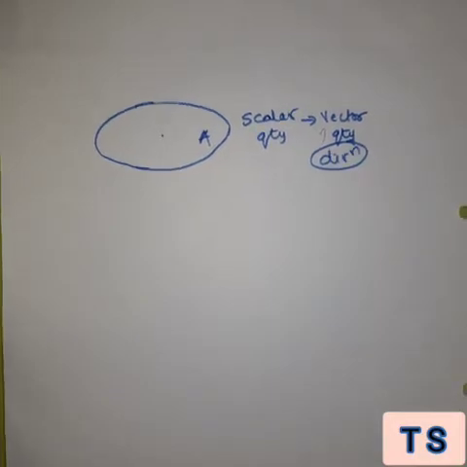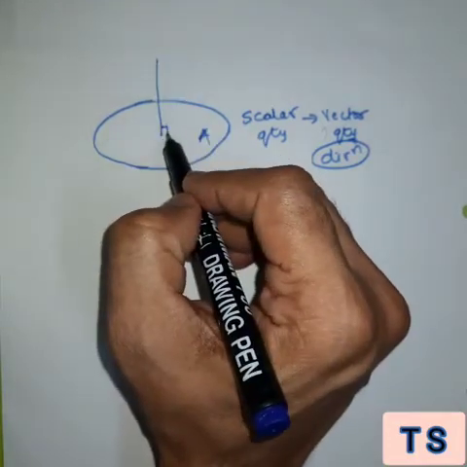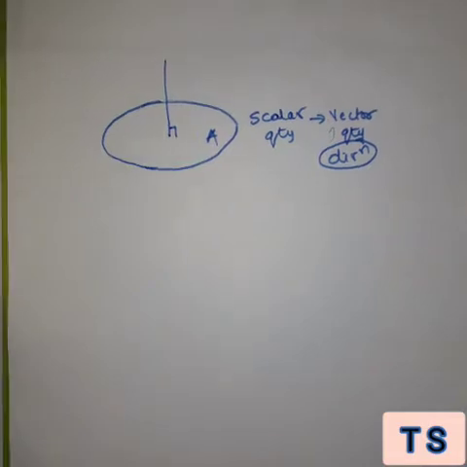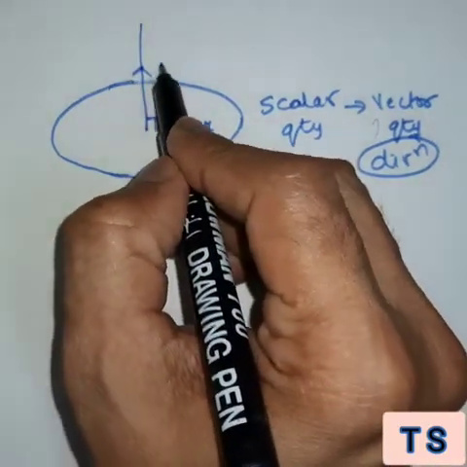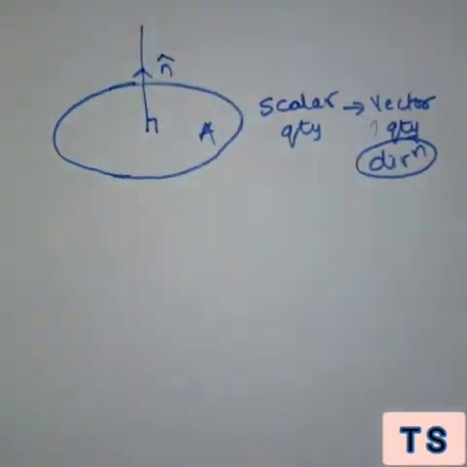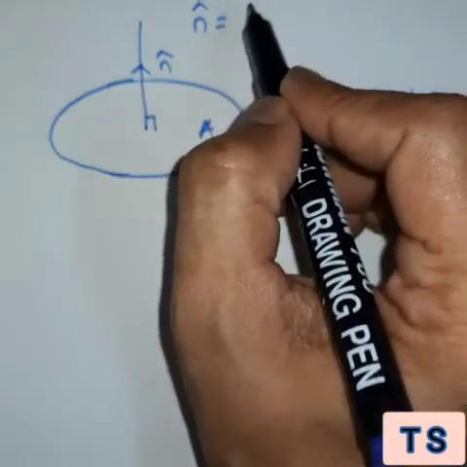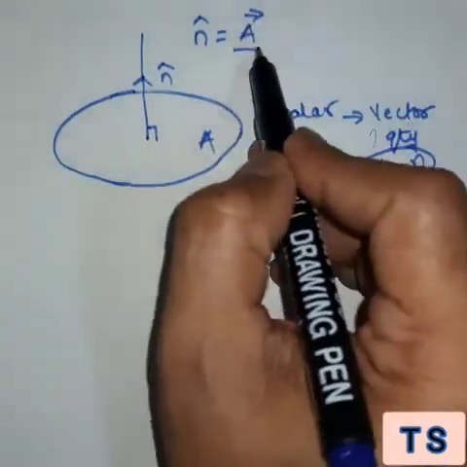Let's say that I draw a normal, and this particular normal defines the unit vector, which is n cap. The definition of a unit vector is the ratio of a vector to its magnitude.